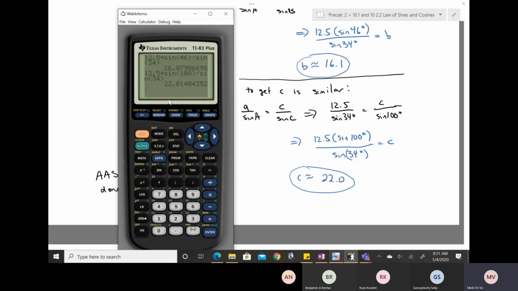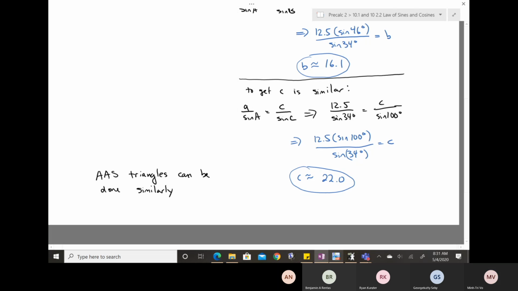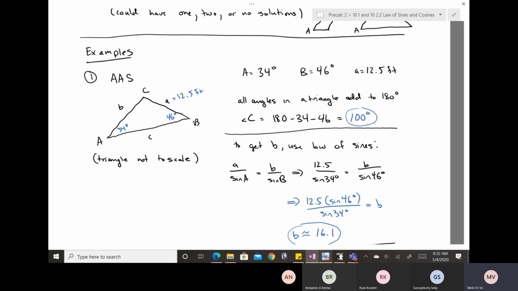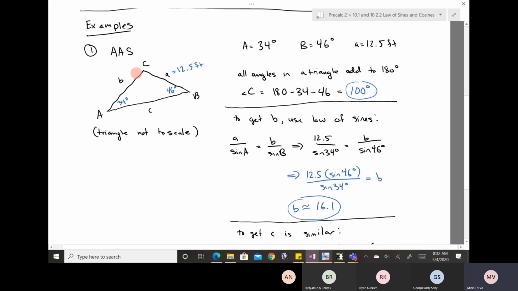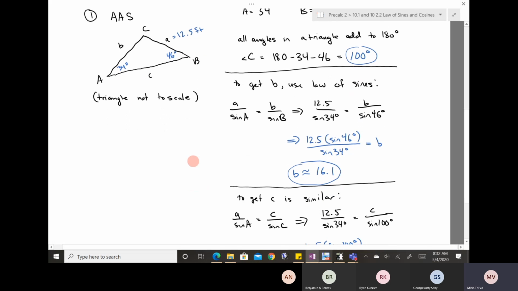We can see it's about 22. So we've solved the missing sides and angle for this triangle.